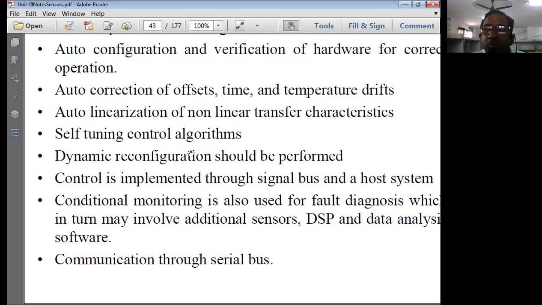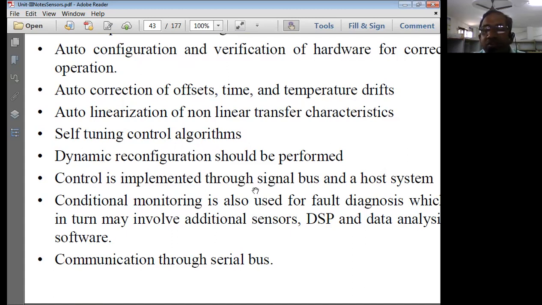If the input signal is really more, the output signal is going to get reduced. If the input signal is less, the output signal is going to get enhanced for proper processing. That means self-tuning control operations is happening. This means we are controlling the task by itself.